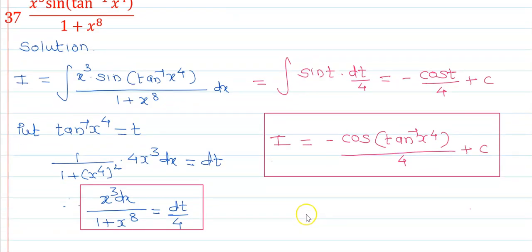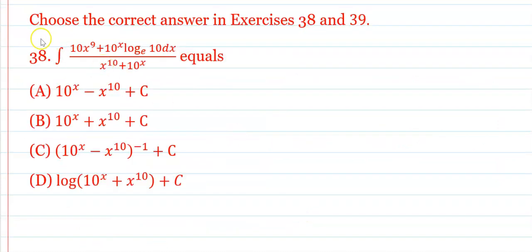Now the next type of problem. Now the next question number 38. Choose the correct answer in exercise, that is 38 and 39. Okay. For the example, integral of (10 into x raised to 9 plus 10 raised to x log of 10 to the base e) into dx upon x raised to 10 plus 10 raised to x is equal to.